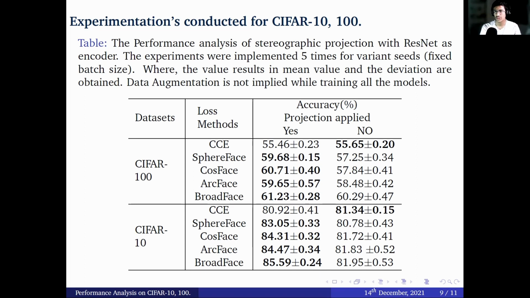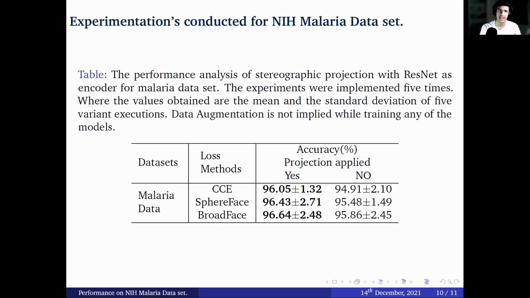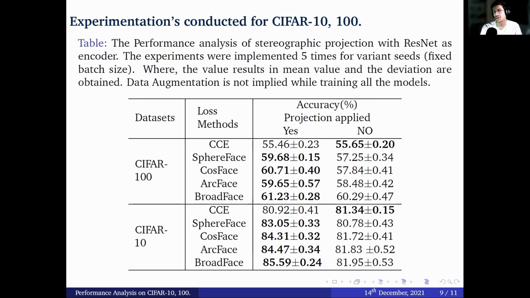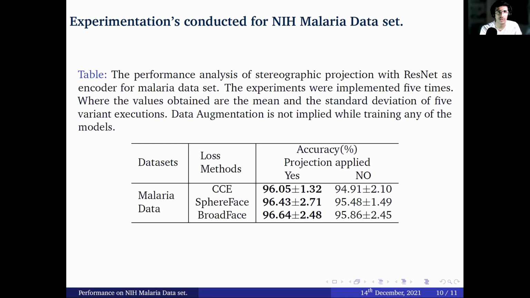We also experimented on the NIH, National Institute of Health, malaria dataset. But as the sphere phase, cos phase, and arc phase, the cos phase and arc phase are mediocre, so we eliminated them. We tried plain categorical cross entropy, sphere phase, and also broad phase.